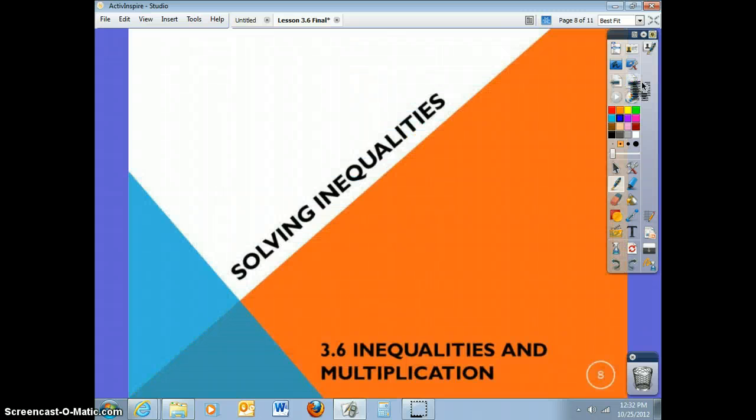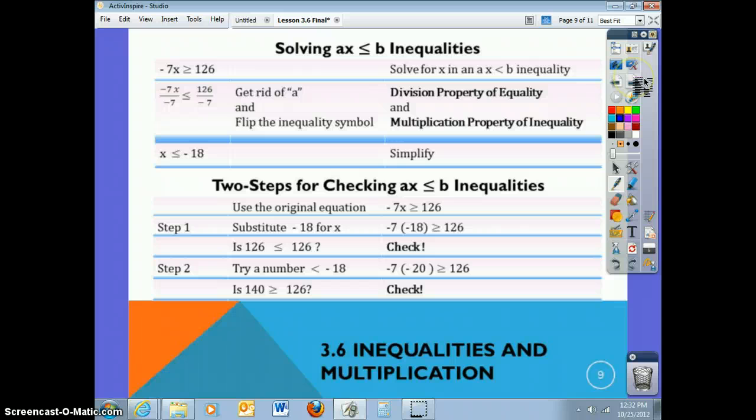So let's see how that affects our ability to solve inequalities, not equations, inequalities. Here's an example: -7x is greater than or equal to 126. That's in the form ax is greater than or equal to b. I'm trying to solve for x, so I've got to get rid of a. A is negative 7, so I'm going to divide both sides by negative 7.